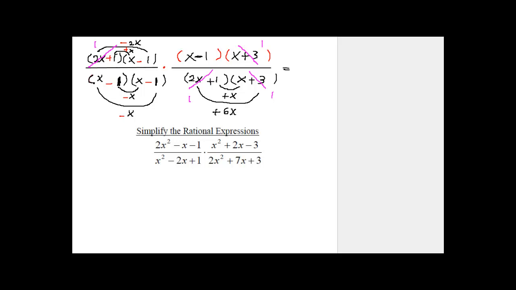Then here we have x minus 1, and x minus 1 turns to 1. And then here we have x minus 1, and x minus 1 turns to 1. So it looks like at the top of the fraction, you get 1 times 1, everything turns to 1. And at the bottom of the fraction, everything turns to 1. So this will be equal to 1 over 1, or just simply 1. That's how you simplify this.